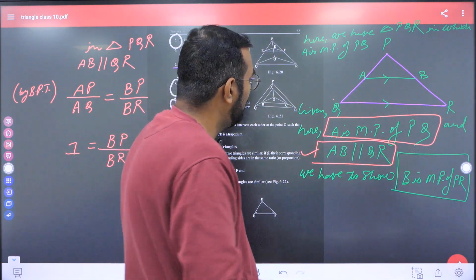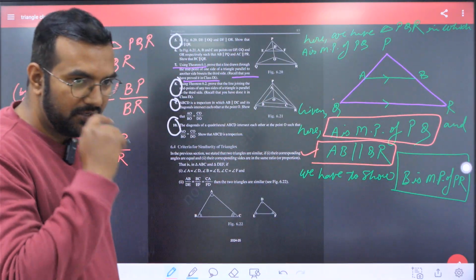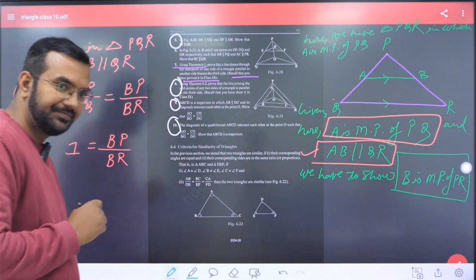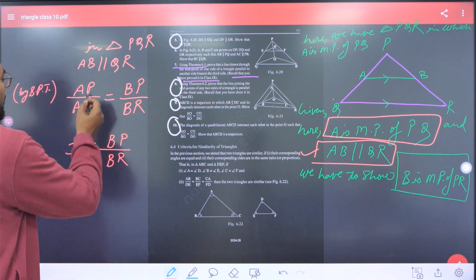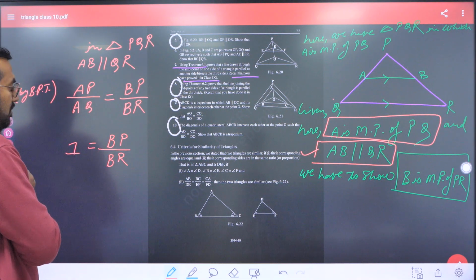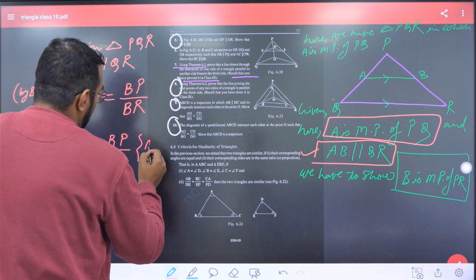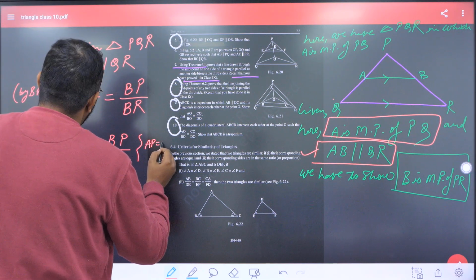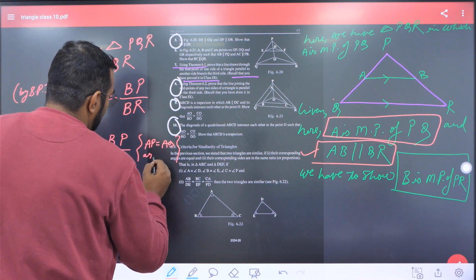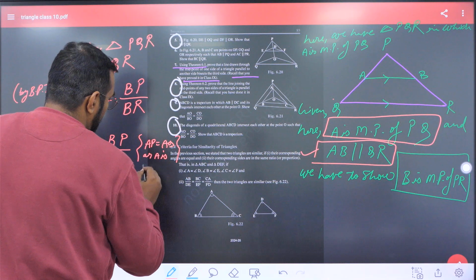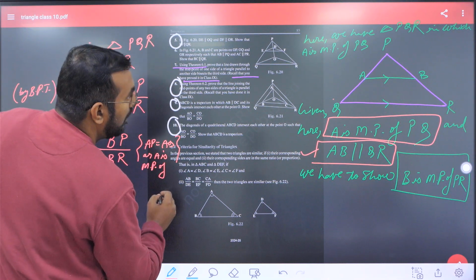The given things are only two: A is the midpoint of PQ and AB is parallel to QR. So we can write AP upon AQ as 1 because AP is equal to AQ, as A is the midpoint of PQ.